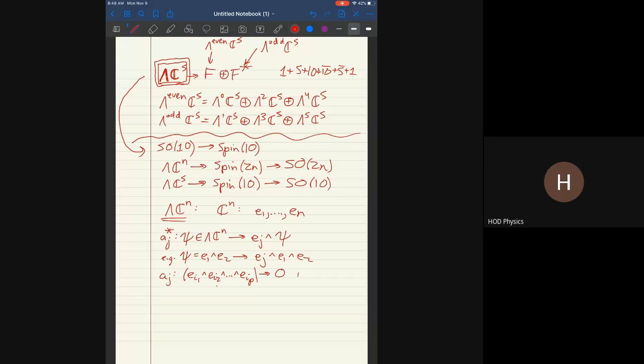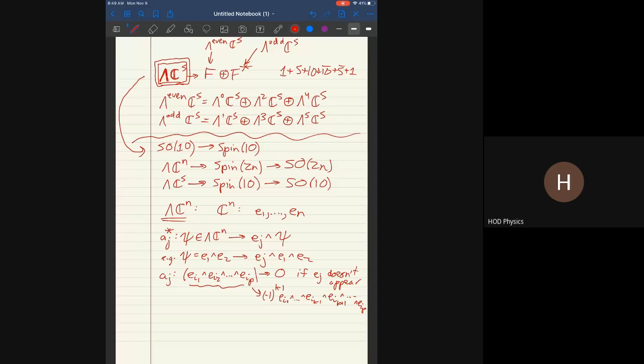So this is equal to 0 if Ej doesn't appear in this list, or it's equal to (-1)^(k-1) E_I1 wedge E_I2 wedge ... wedge E_I(k-1) wedge E_I(k+1) ... wedge E_Ip.